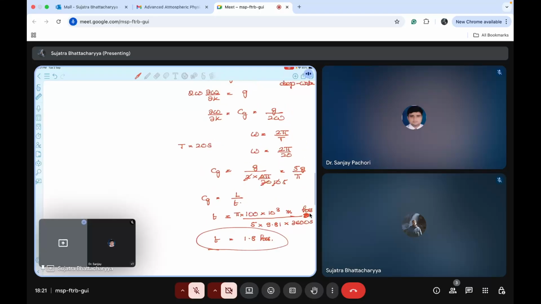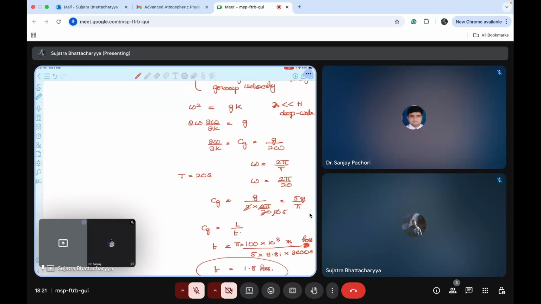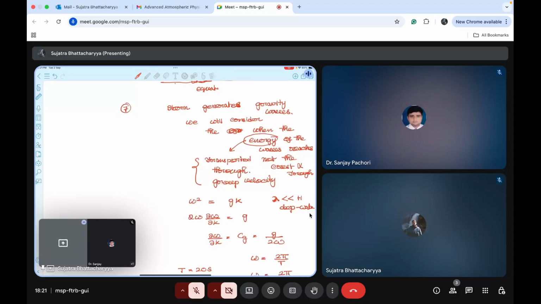This is, I think, given in the assignment solution, so already known. Actually here we are talking about the group of waves, or the packet of waves, and how it is traveling: waves traveling and reaching the coast.